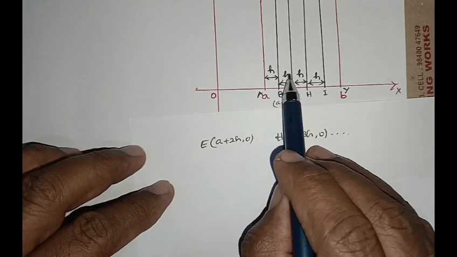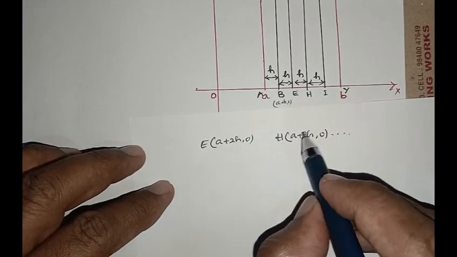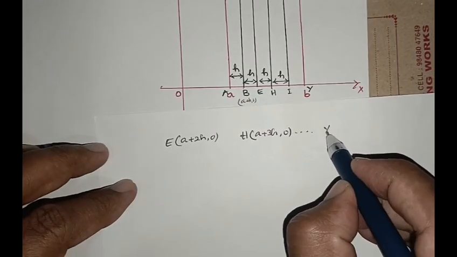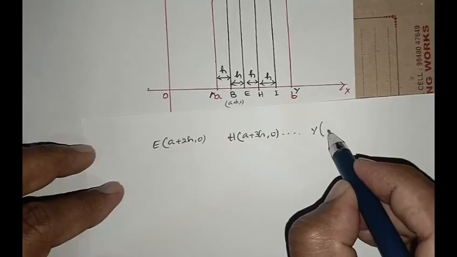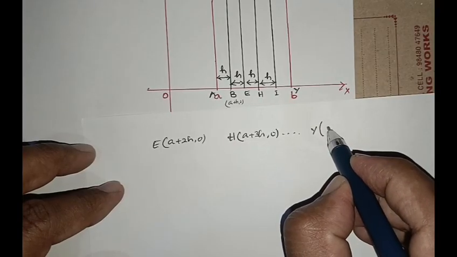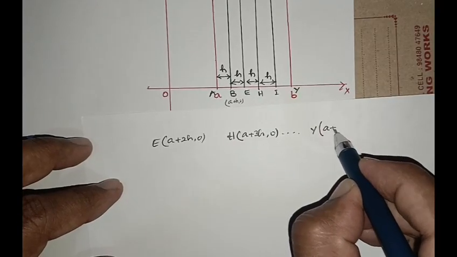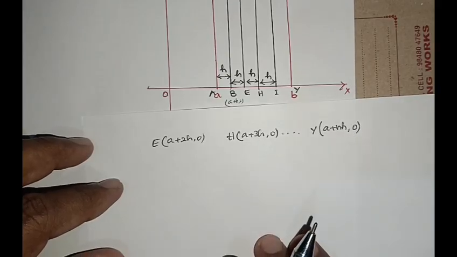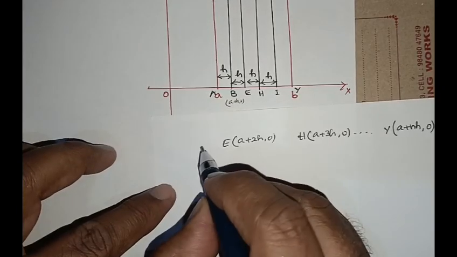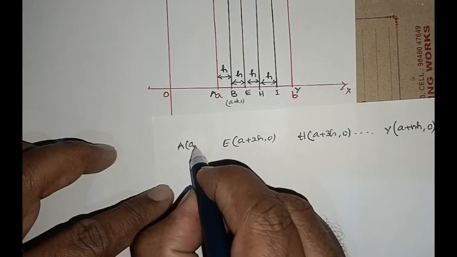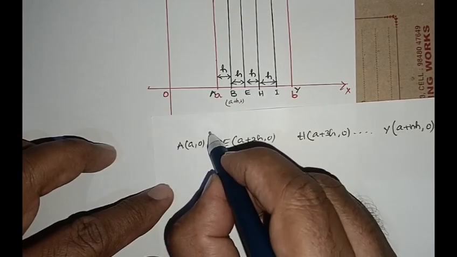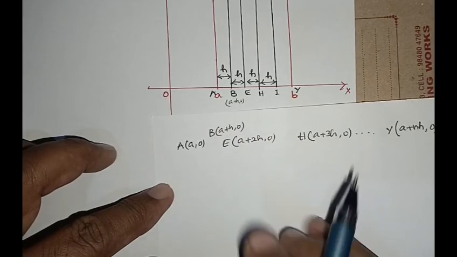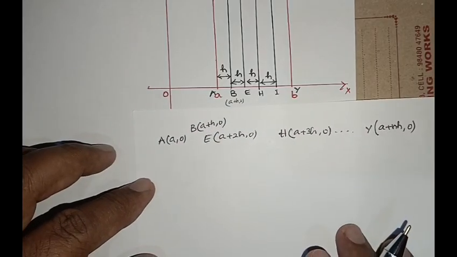Suppose n such subintervals are divided, then the final point has coordinates (a plus nh, 0). A is the point (a, 0), and B is the point (a plus h, 0). So in this way these are the points.